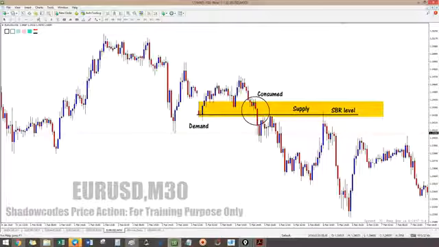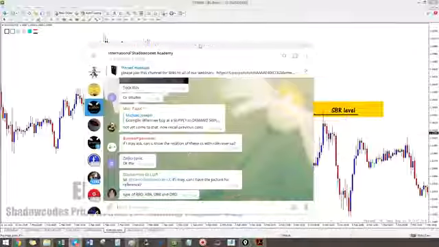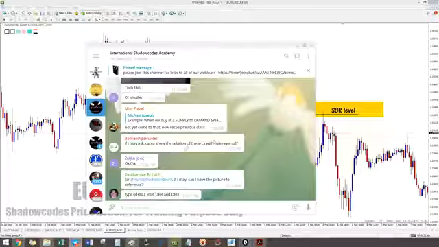So just find the demand at the SBR level and you will find a swap zone. So we already have the relation between the candlesticks with row reversal.